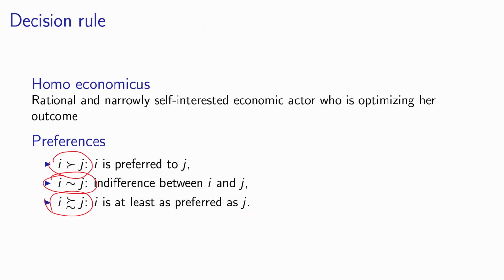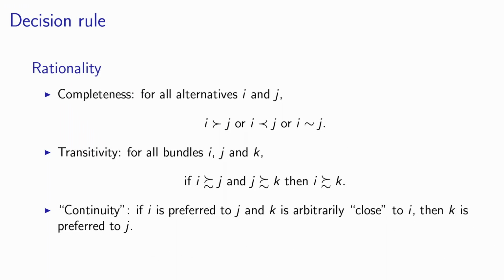When we put these two assumptions together, we basically need to characterize rationality using assumptions about the preferences. The main three assumptions that characterize rationality are the following. The first is completeness. It means that for any pair of alternatives, I will always be able to tell you if individual n prefers i, prefers j, or is indifferent between the two.